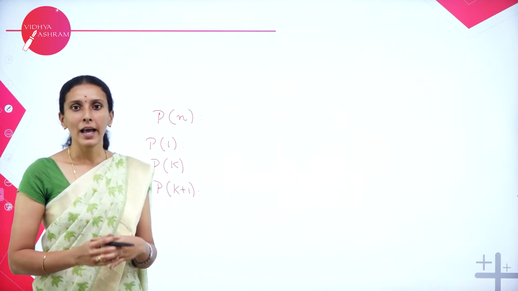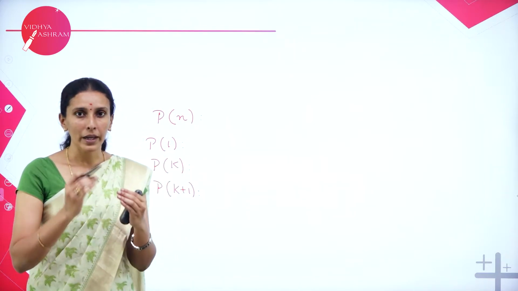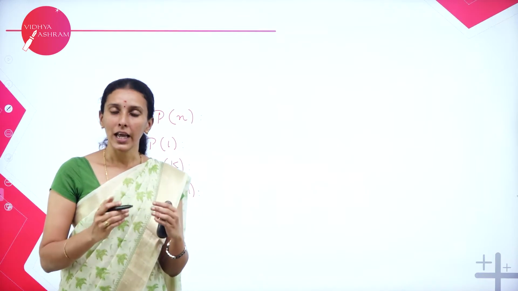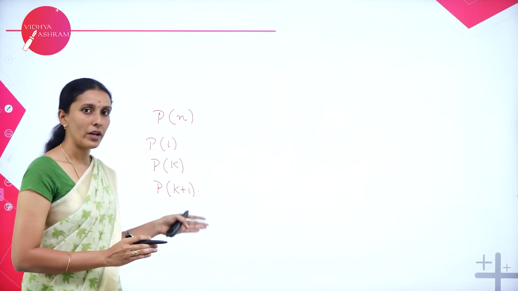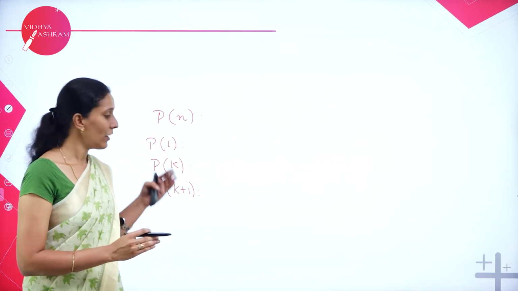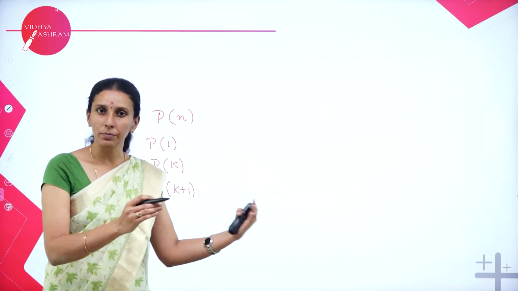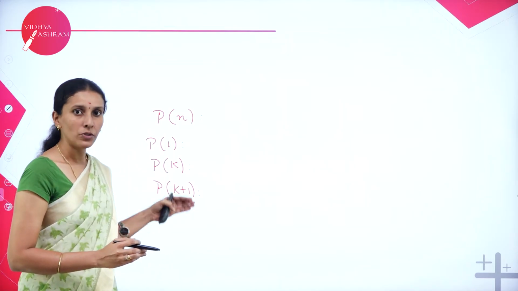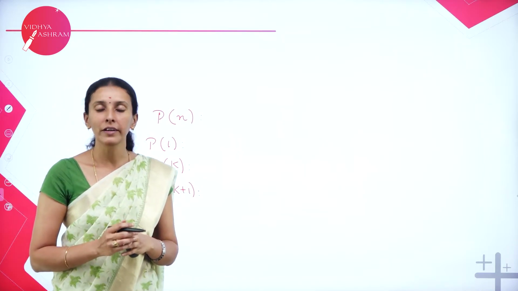When we apply the same result for k plus 1 values, if we obtain the same statement of n in the form of k plus 1, then we say that the result is also true for k plus 1. That means if we assume P of k is true, then P of k plus 1 must be true. Therefore, we will apply these three steps to prove that the particular statement is true for all positive integers.